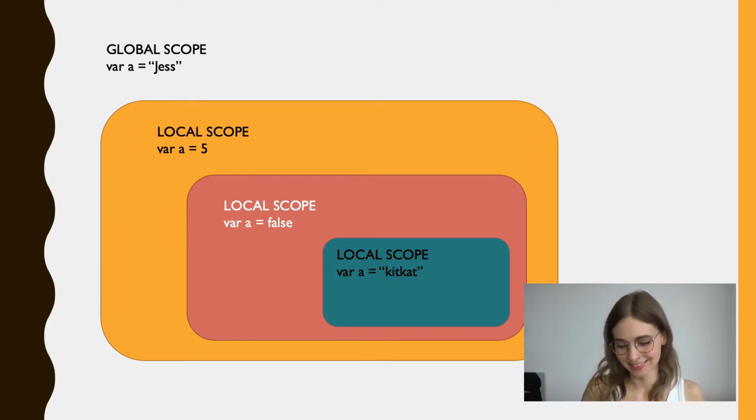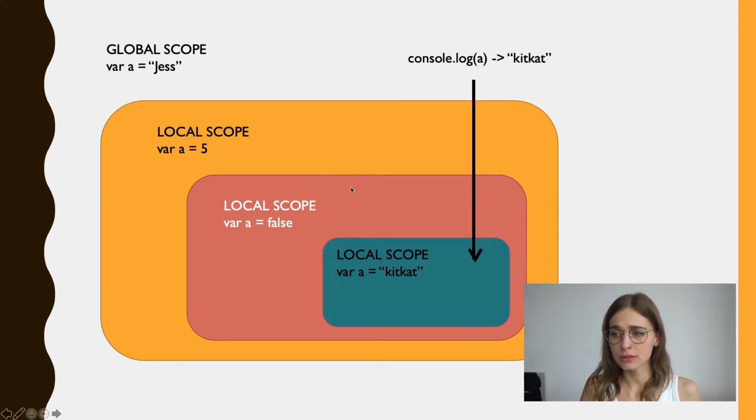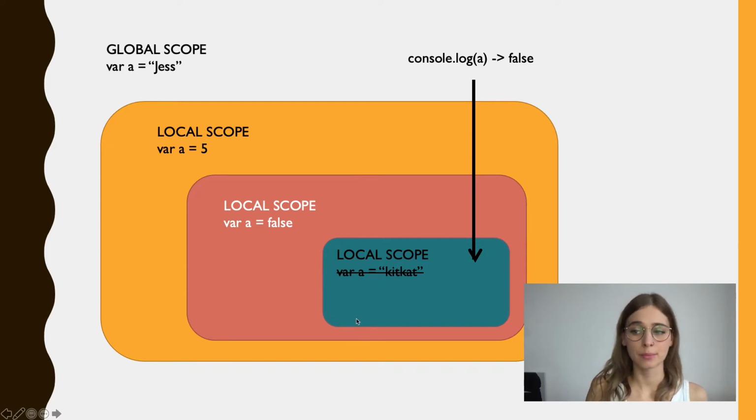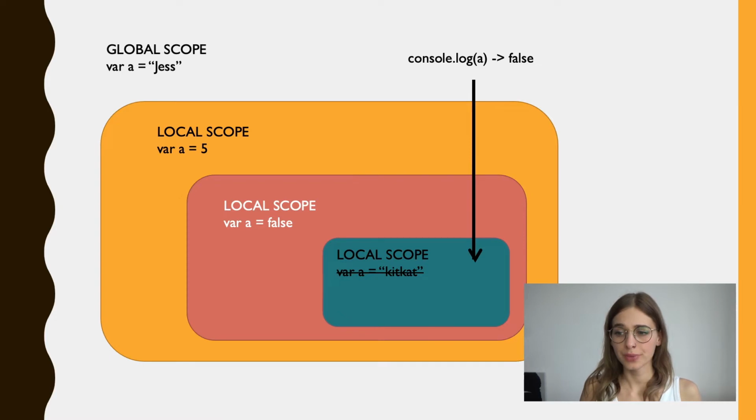So far, if I tried console logging a being in that function here, it would print out KitKat to the screen. If there was no variable a in the local scope of this function here, it would go one level up, looking for a variable here in the local scope of the parent function.